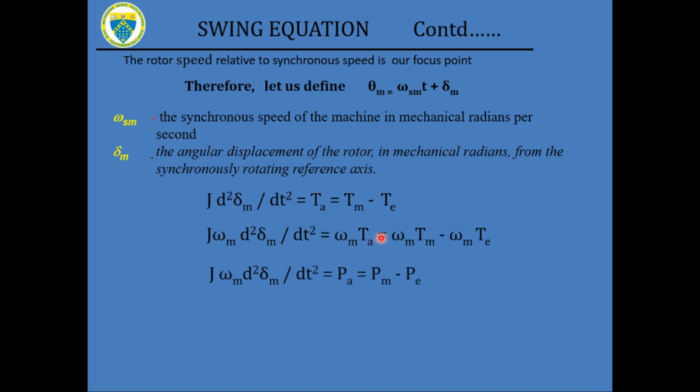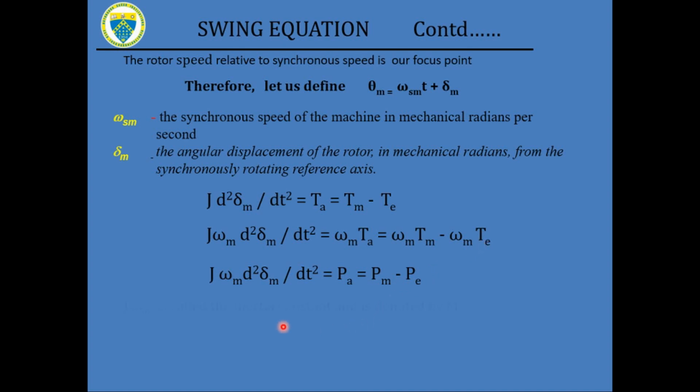Angular velocity times the accelerating torque gives the corresponding accelerating power Pa, and omega m into Tm provides the mechanical power input minus the electrical power output, that is omega m into Te.